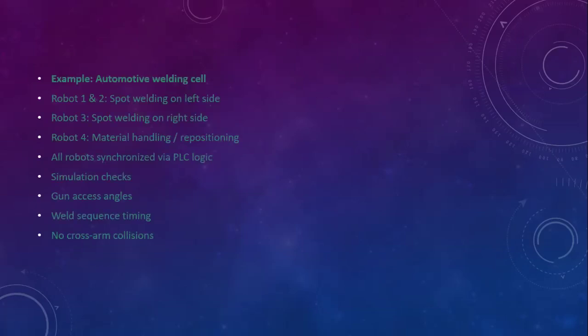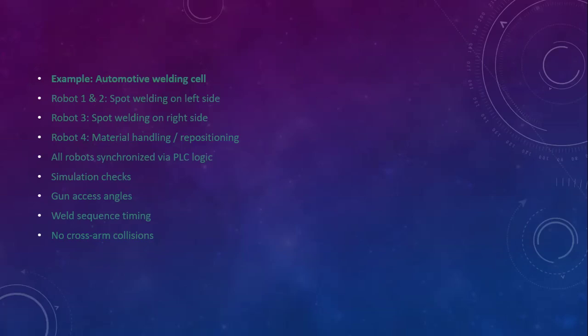Let us discuss a small simple example, an automotive welding cell. In this example, we see how we can integrate the simulation and modeling of a multi-robot assembly system. Here there are 4 parallel robots equipped inside the automotive welding cell, and each robot has its own task assigned to be performed. Robots 1 and 2 are dedicated only to spot welding on the left side of the assembly unit.